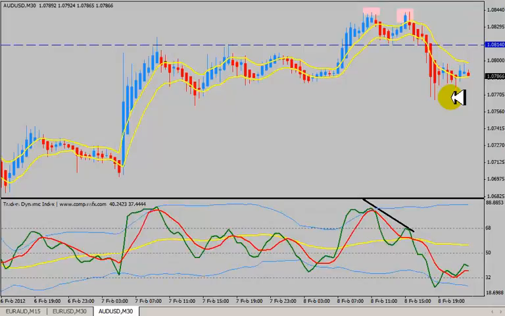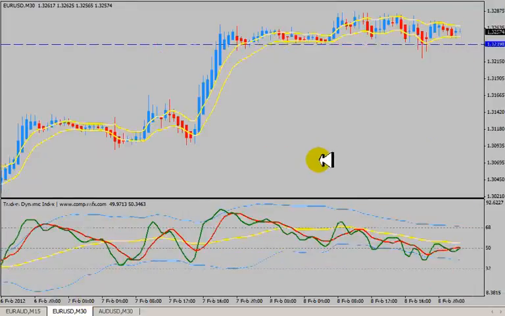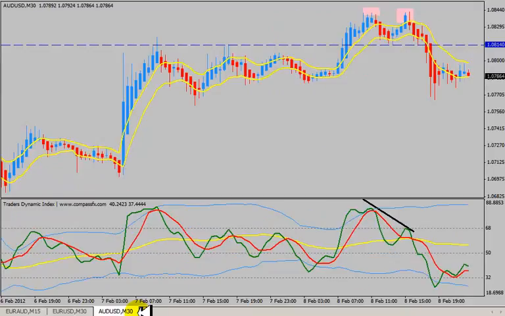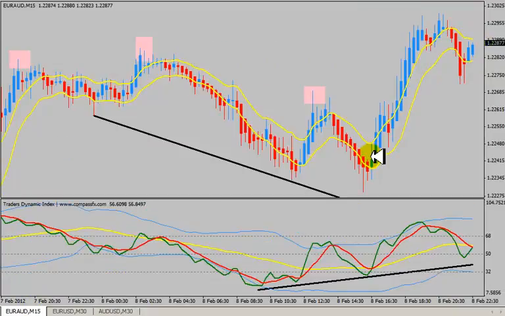Here we are right now. So with this strong move down, and with the euro pretty much just staying in place, not going anywhere, guess what happened? We have strength in an Aussie short and the euro holding steady. That's going to cause the euro Aussie to push up.